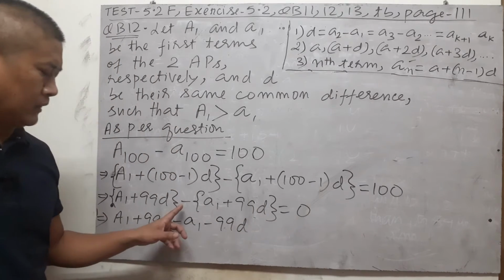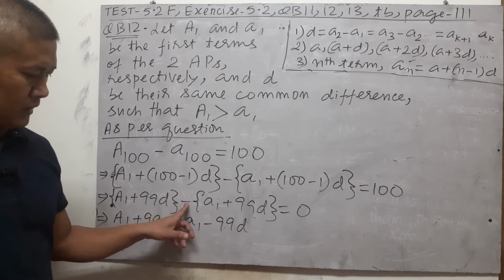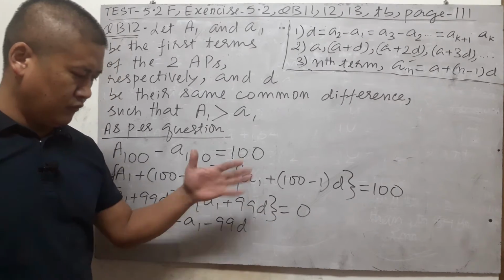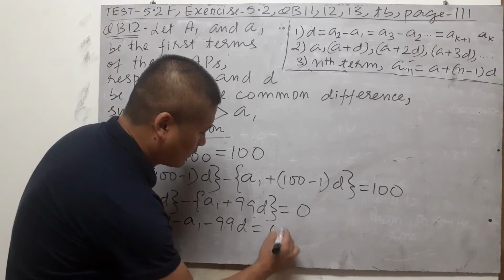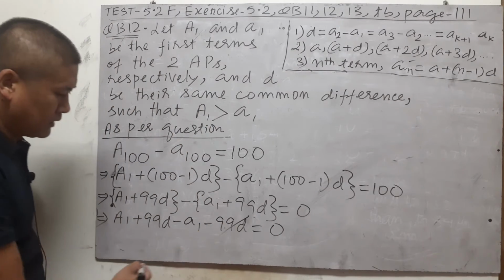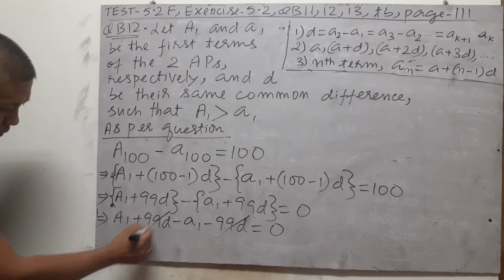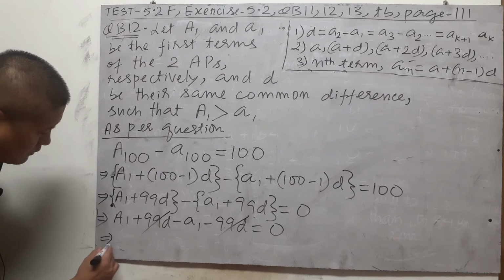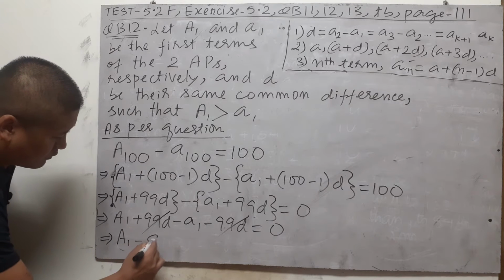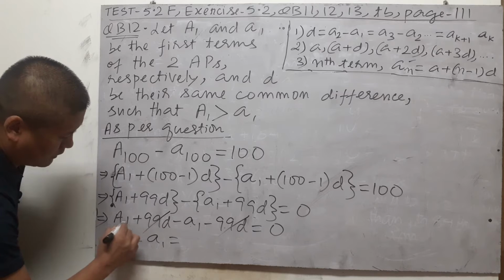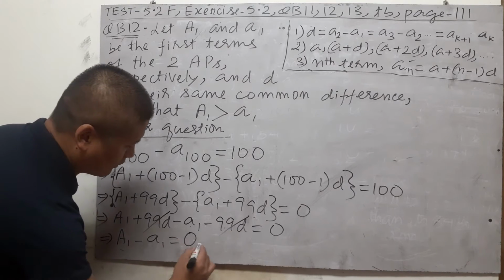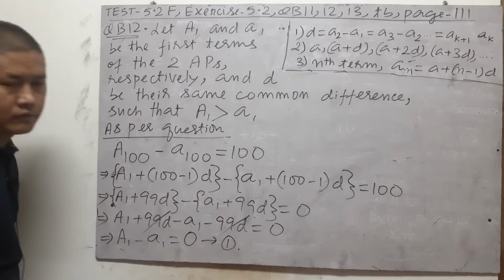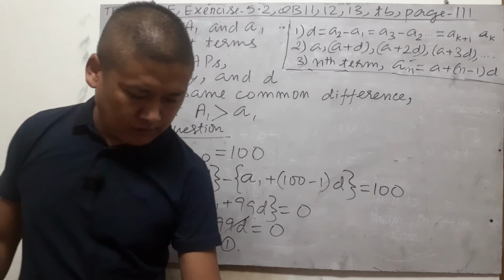When we multiply the outside to the inside, the bracket gets removed. Minus 99d and plus 99d cancel, so A capital 1 minus small a1 value, we got, equals 100. Let's keep this as equation 1 and see what the question is asking.